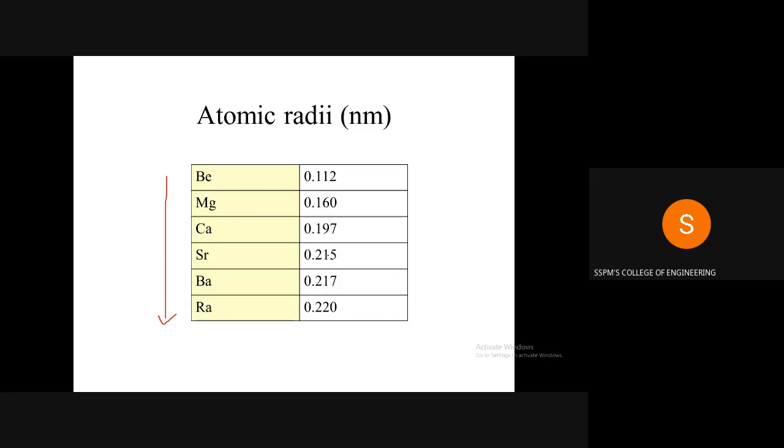Small atomic radius means small size, and a big radius means a bigger size. So atomic radii increase from beryllium down to radium.